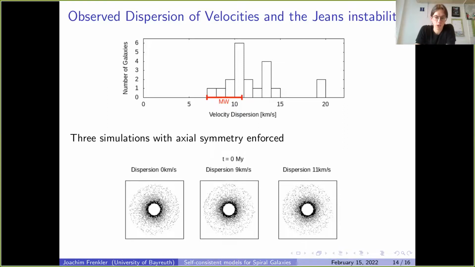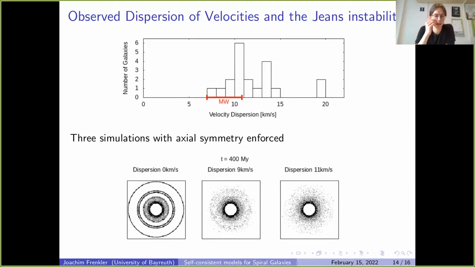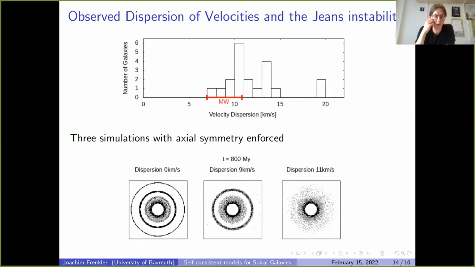And when we run these simulations now, we see that after 400 megayears, the left model got destroyed. After about 400 megayears more, also the middle one got destroyed, but the right model stays stable as long as we continue the simulation.